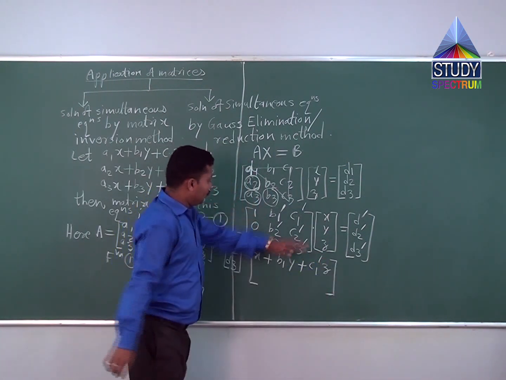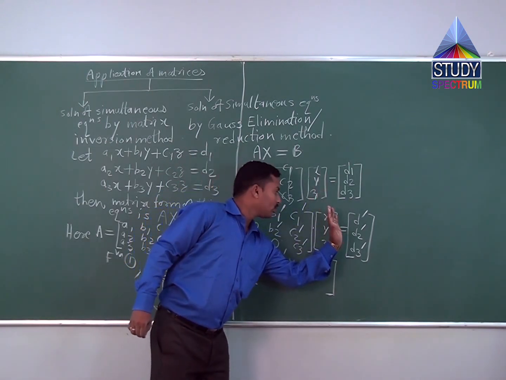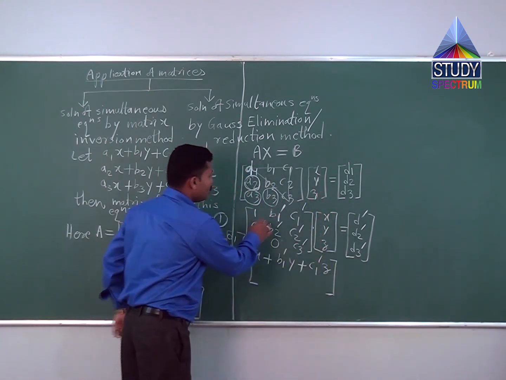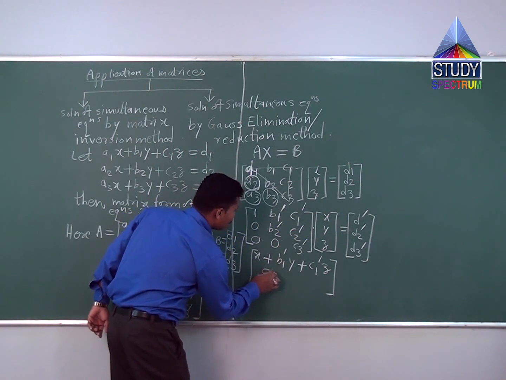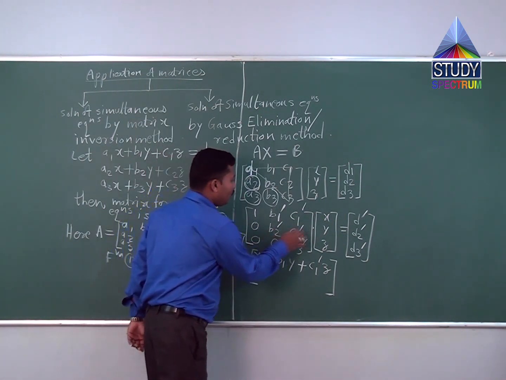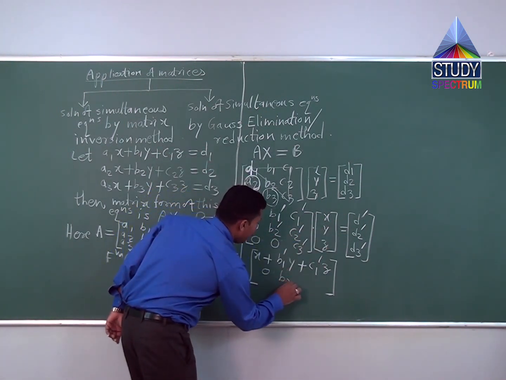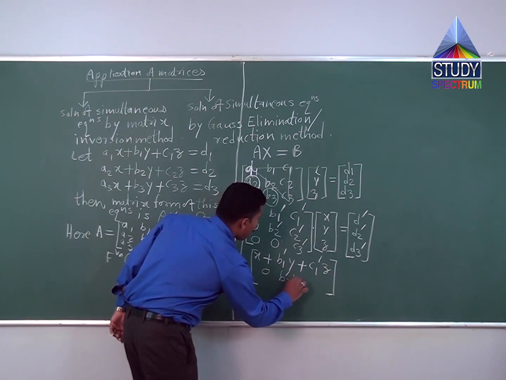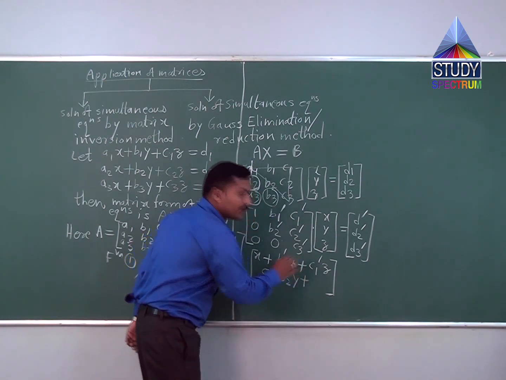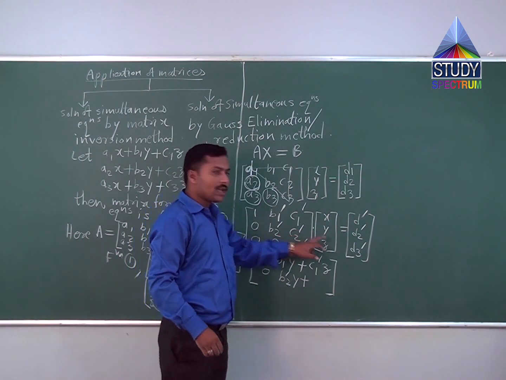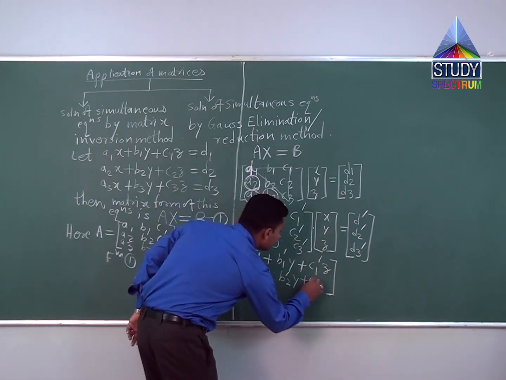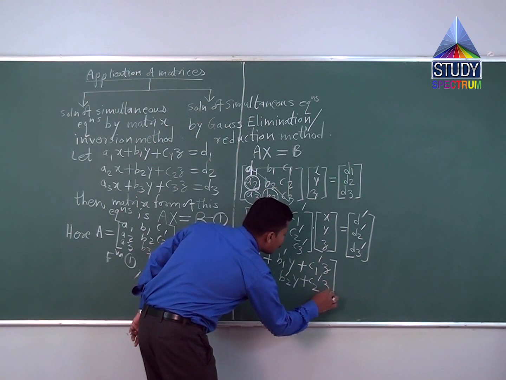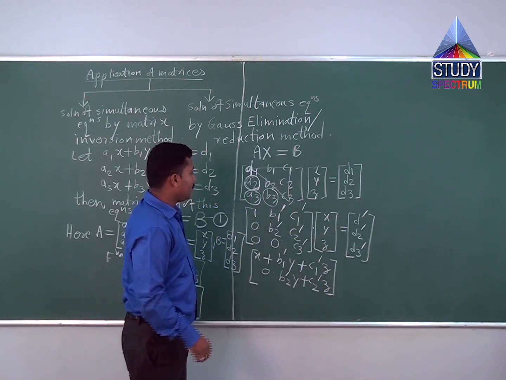Similarly, second row: 0 into x, 0, plus b2 dash into y, b2 dash y, plus c2 dash into z, c2 dash z.